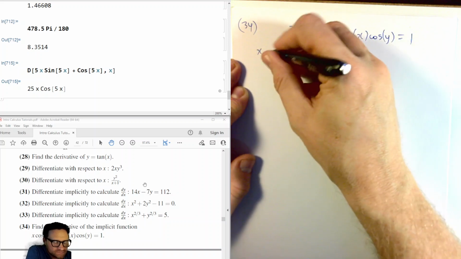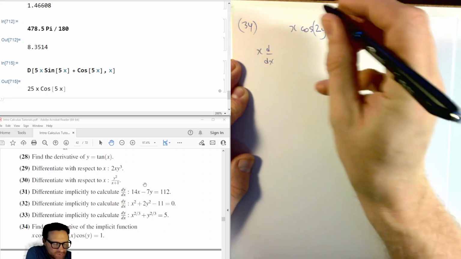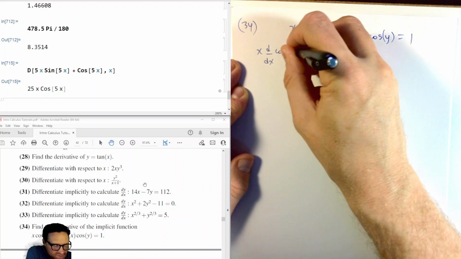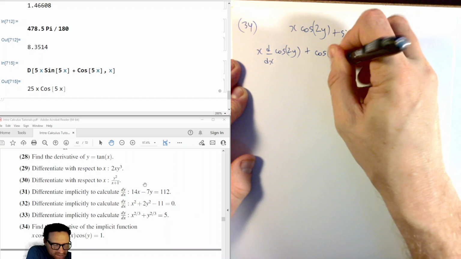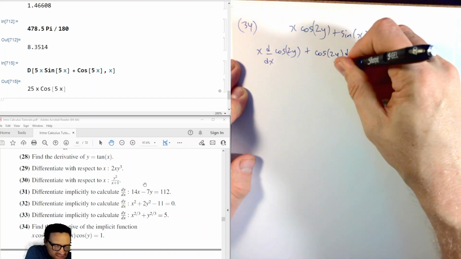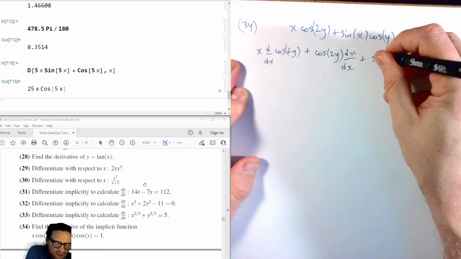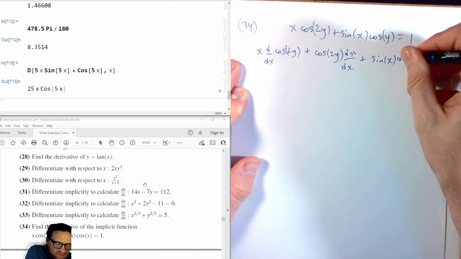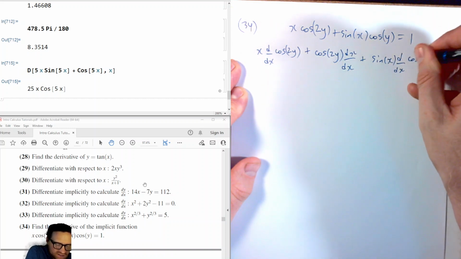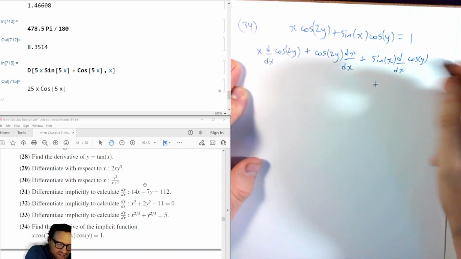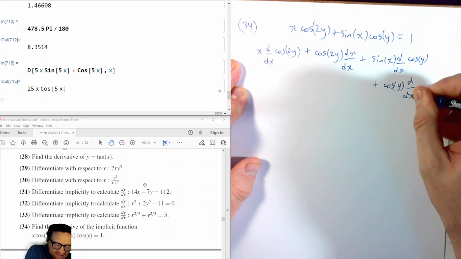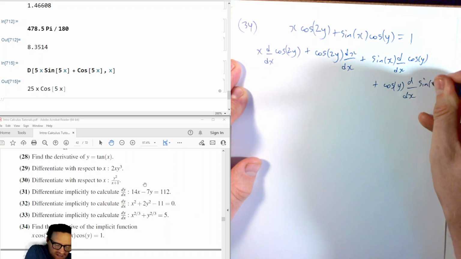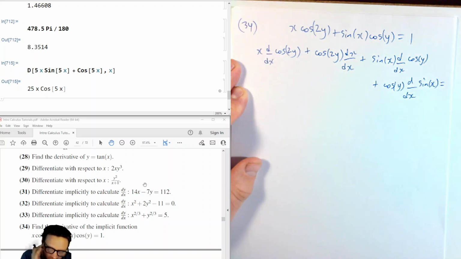So x times the derivative with respect to x of cos of 2y, and then plus cos of 2y dx on dx. And then we have sine of x d on dx of cos of y plus cos of y d on dx sine of x equals the derivative of 1 with respect to x, which is 0.